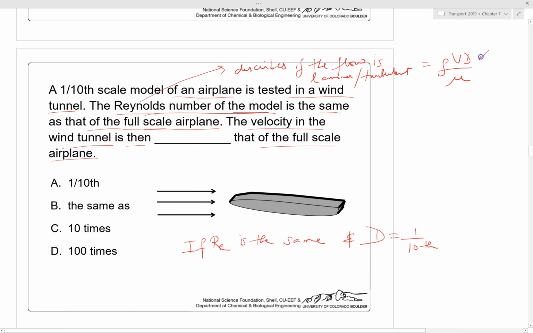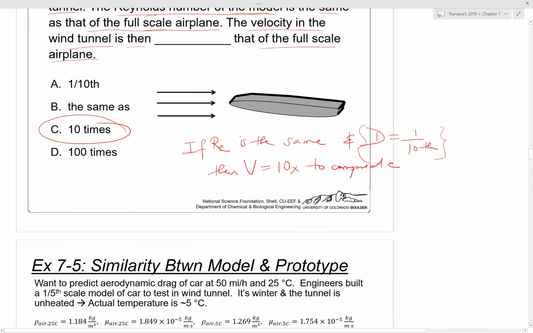So the diameter here is decreased by 1/10. So in order to keep the Reynolds number same between the model and the prototype, what should be the velocity? V has to compensate, right? It has to be 10 times to compensate. So C. Okay.